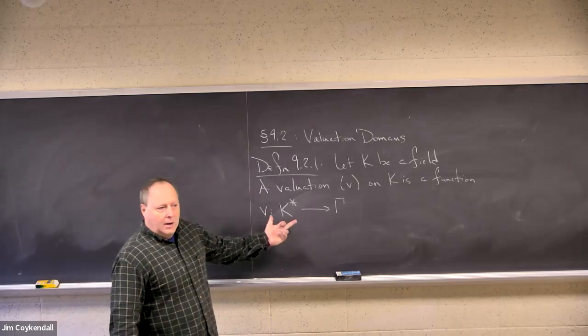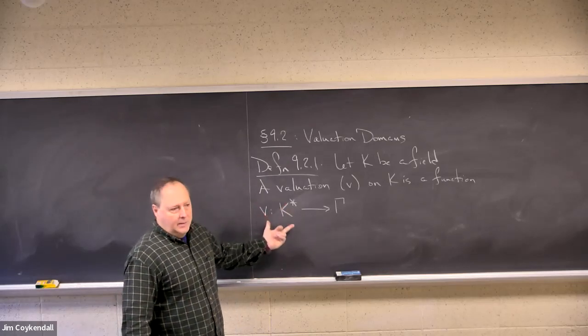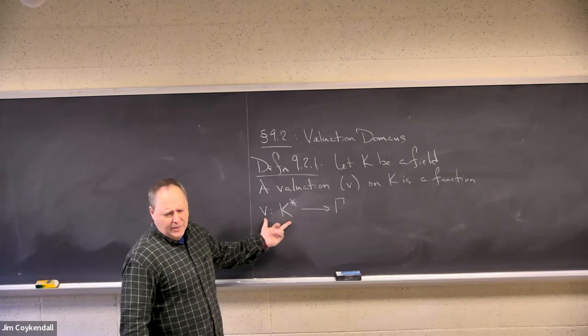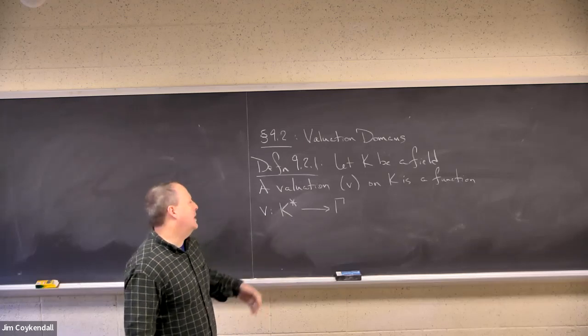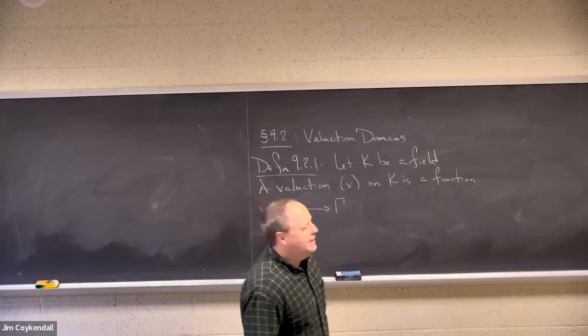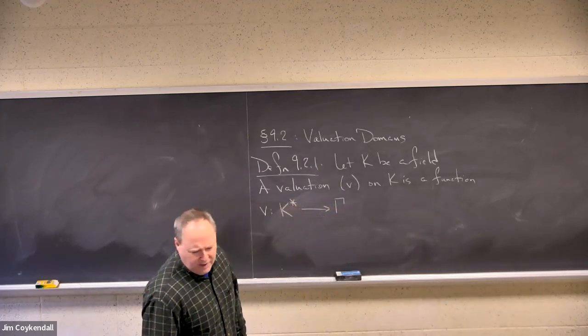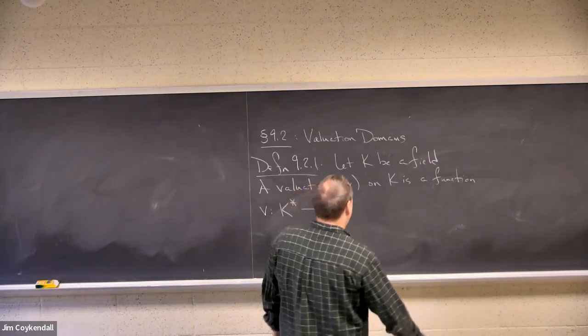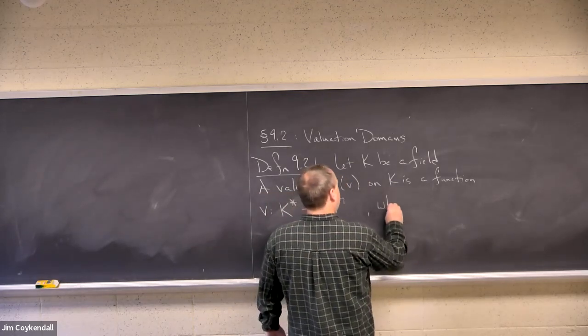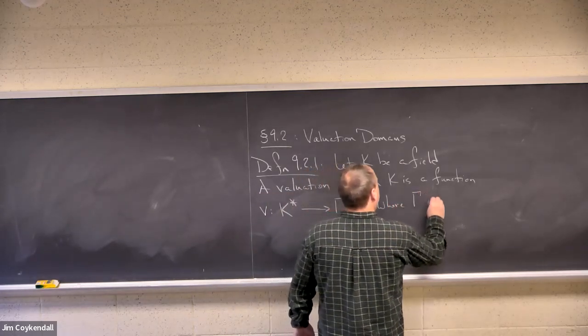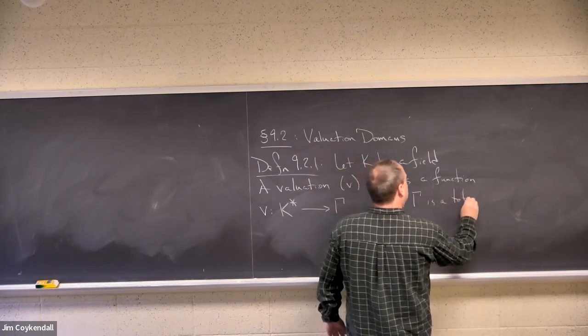By K star, I mean the non-zero elements of K. So the valuation is defined on everything except zero. Sometimes you define the valuation of zero to be infinity or negative infinity, depending on the context of what you need. And gamma is a totally ordered abelian group.